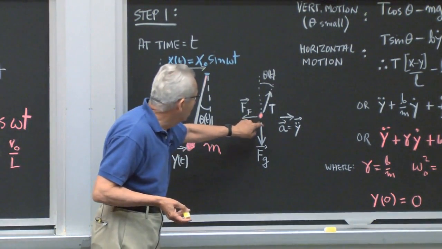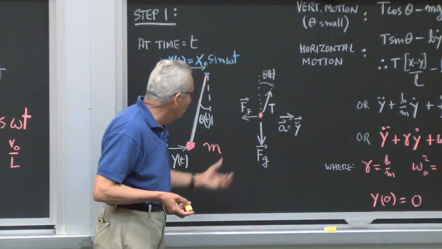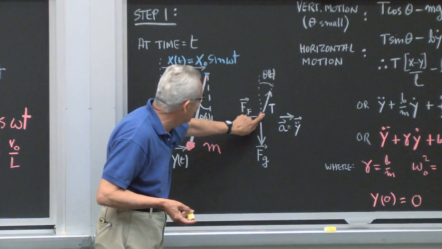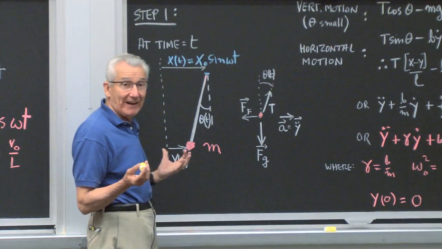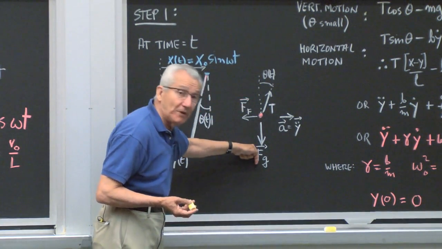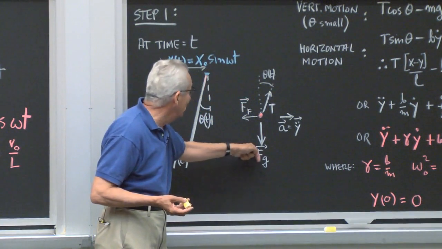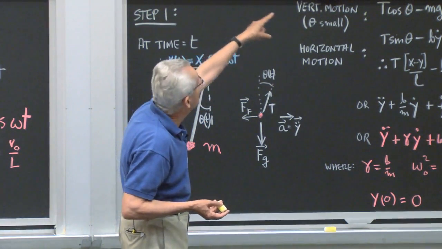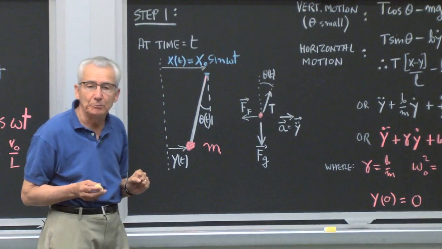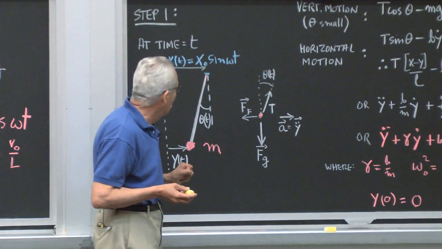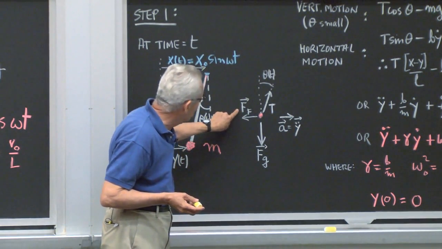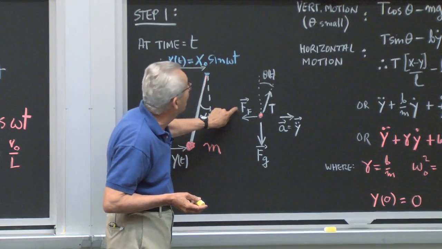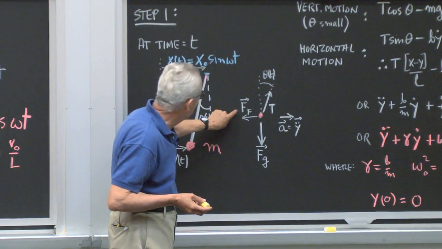Basically, I can draw my free body diagram or force diagram. I have this mass m. What forces are acting on it? Well, there's gravity pulling it down with force mg. There is a frictional force, which we assume is proportional to the velocity, so it will be minus b times the velocity.